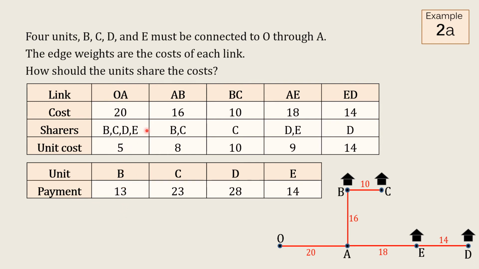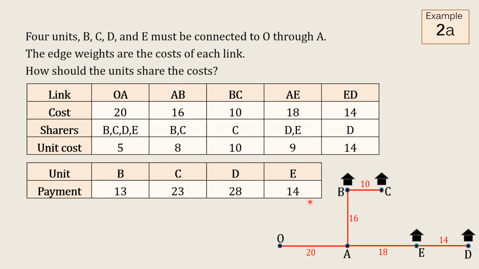B shares OA and AB, so it pays 5 plus 8, which is 13. C shares this, and this, so it pays 5 plus 8 plus 10, which is 28, and E likewise pays $14.